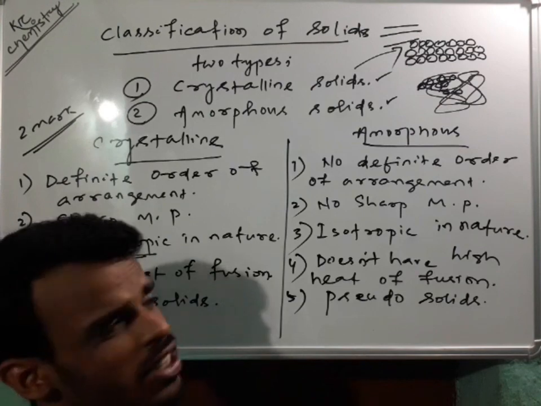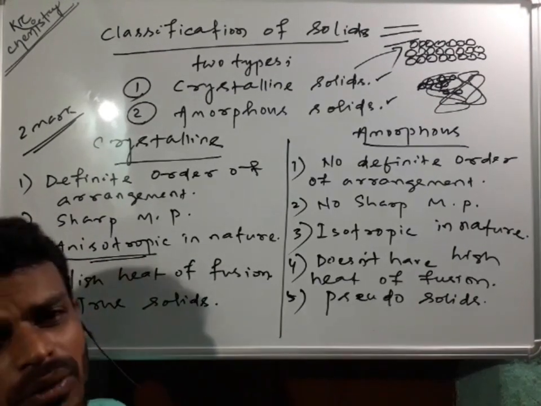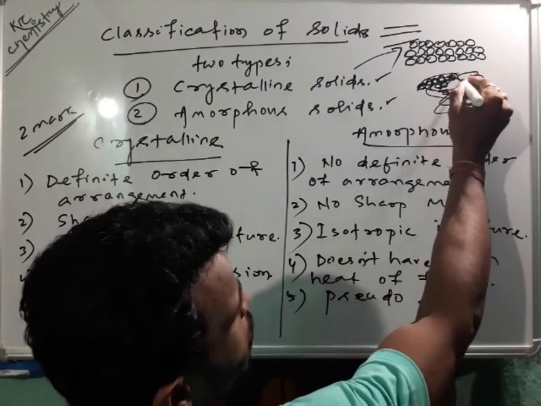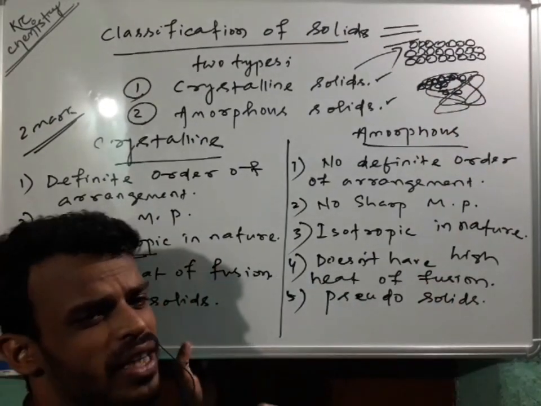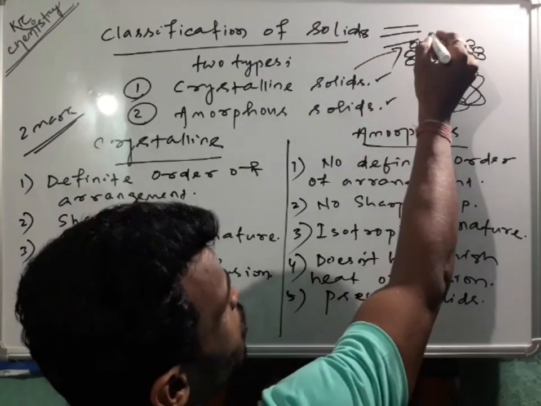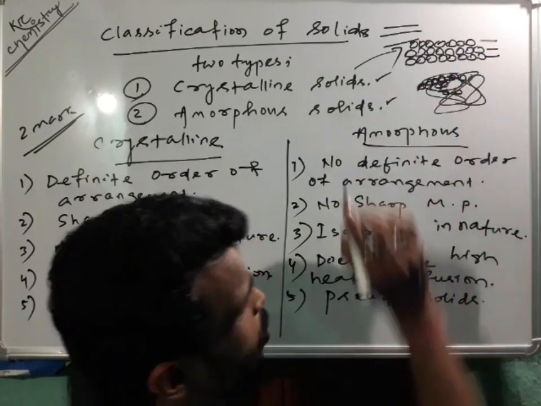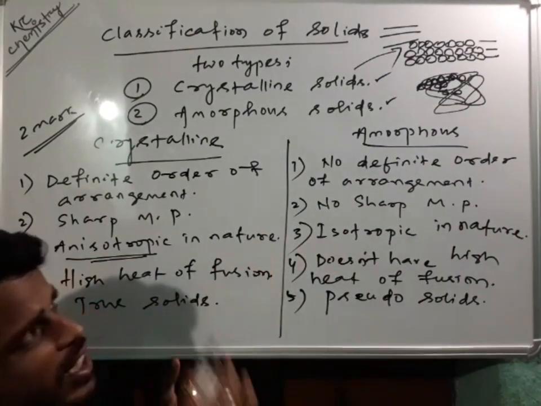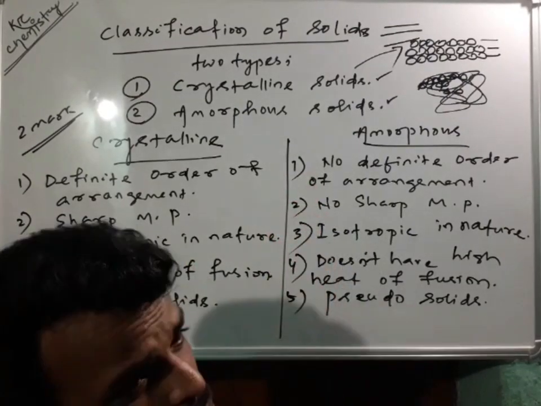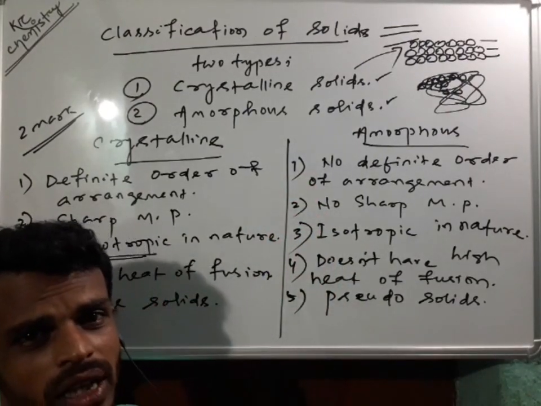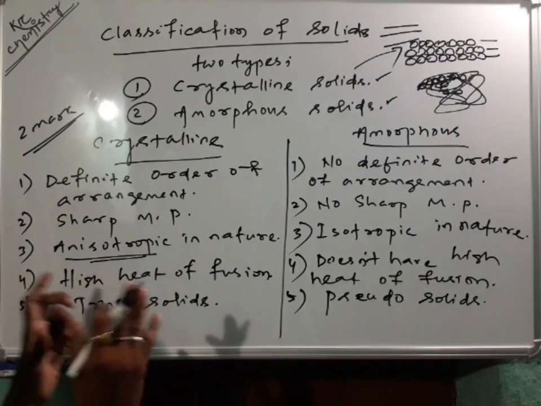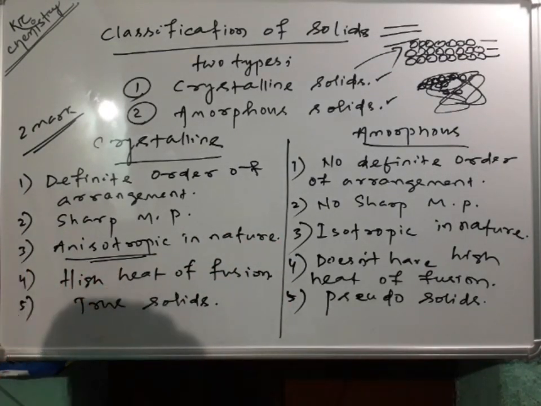That is like amorphous solids, where the particles are arranged randomly, wherever they can suitably fit. But in crystalline solids they are arranged in a definite order. So these are crystalline and these are amorphous solids. This is the basic difference between crystalline and amorphous solid. You can write it and also study it for 2-mark questions.